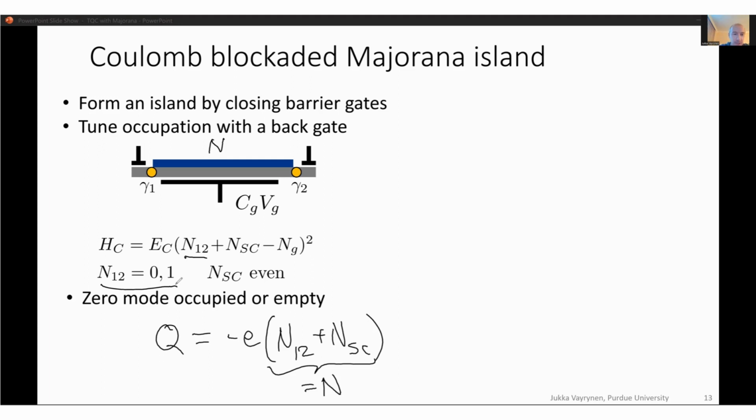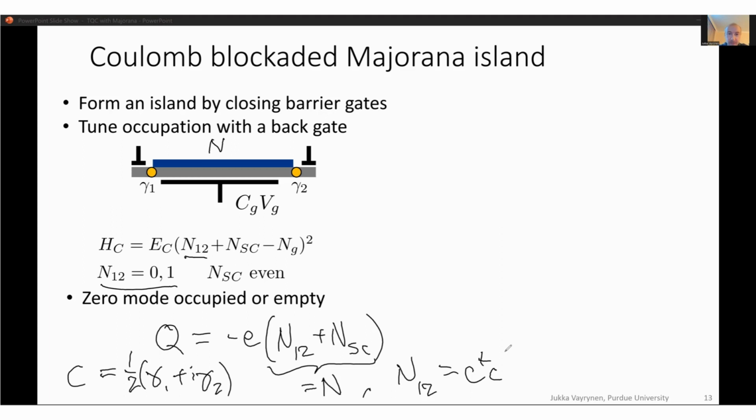So we have this fermion operator, which is 1/2 (gamma 1 plus i gamma 2), and the N12 operator would be just c dagger c. So it's the number operator for this Majorana state.